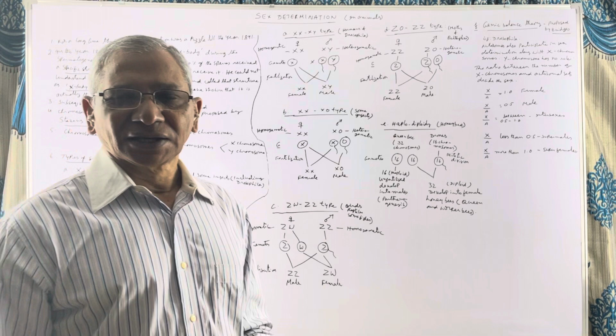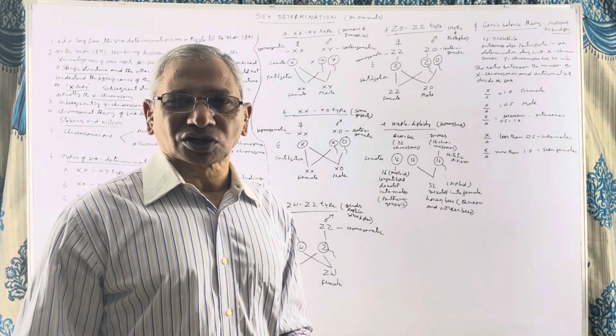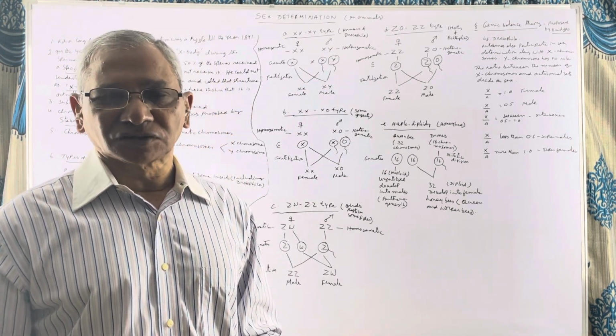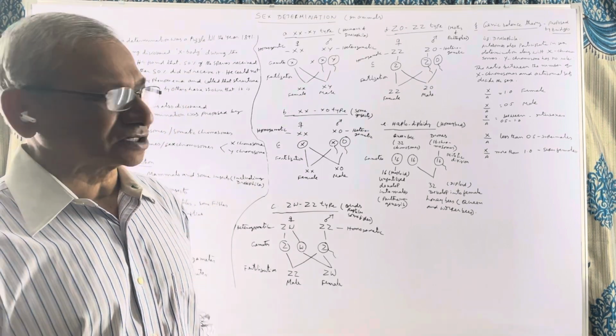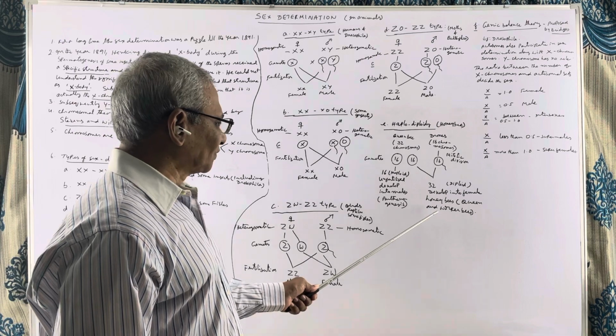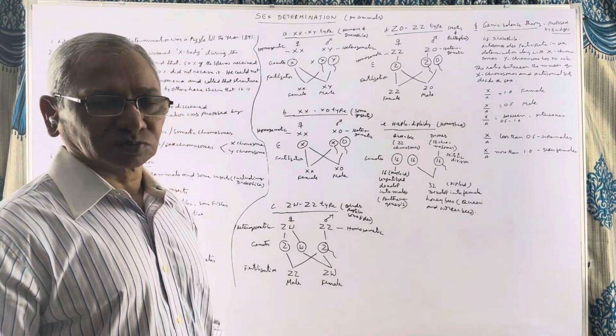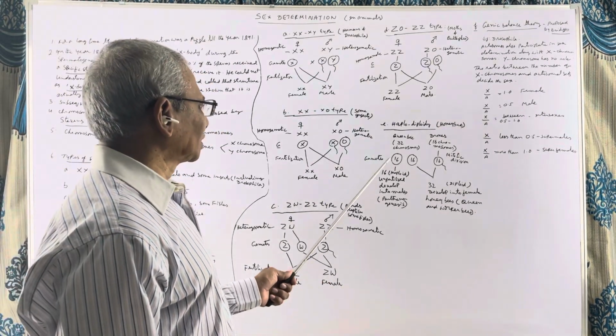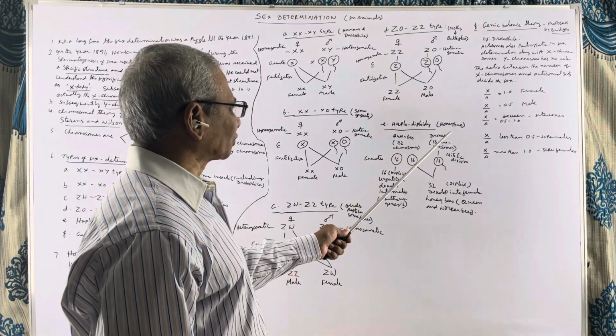That's why in the male bees, the chromosomes are only haploid, or only half. That's why this mechanism is known as haplodiploid. Males have haploid, females have diploid number of chromosomes. This is about haplodiploidy, unique to honeybees.